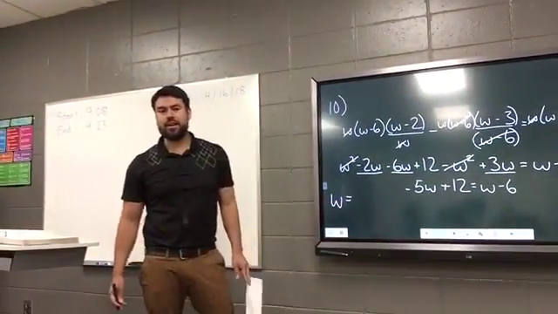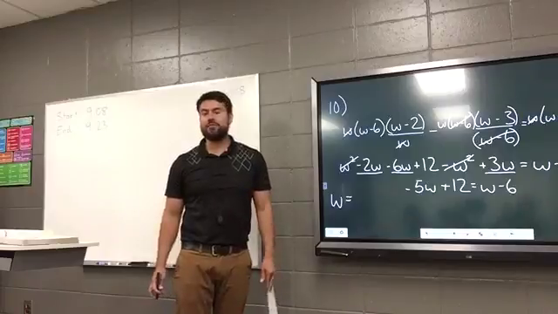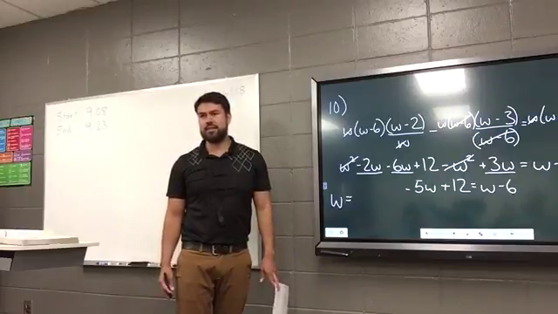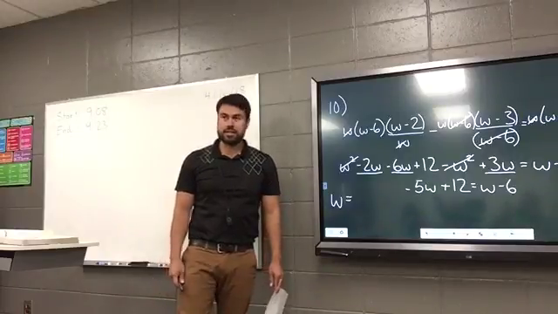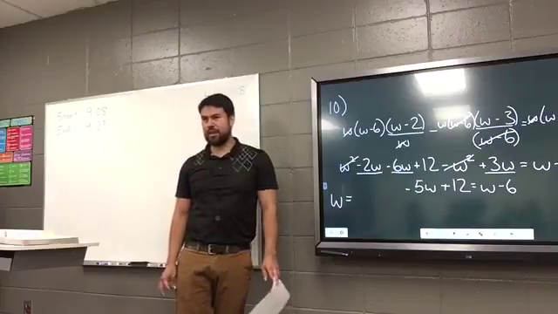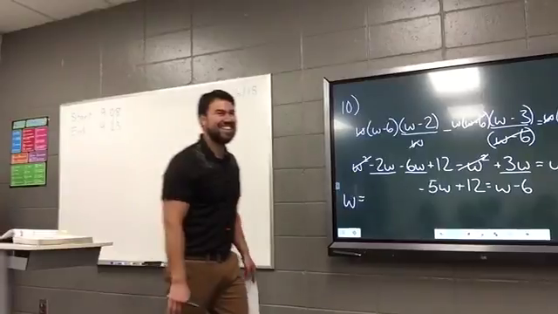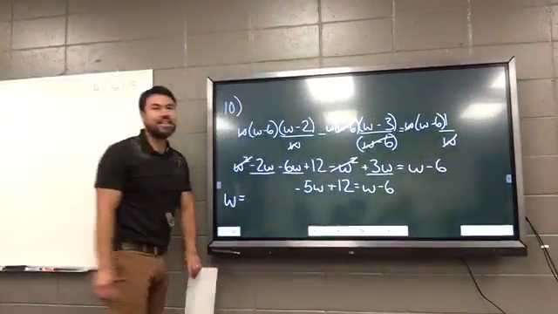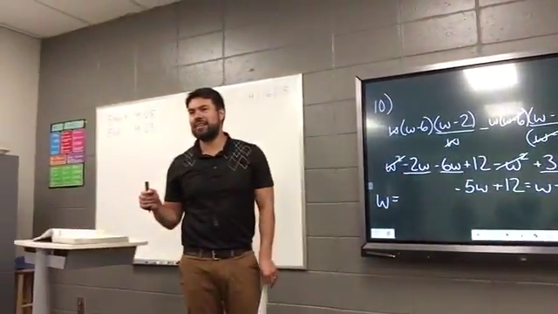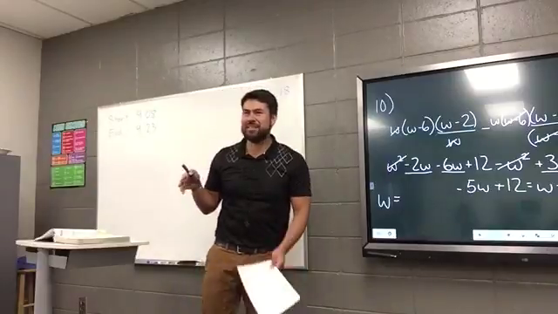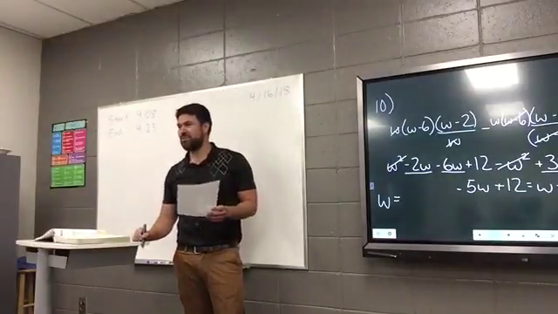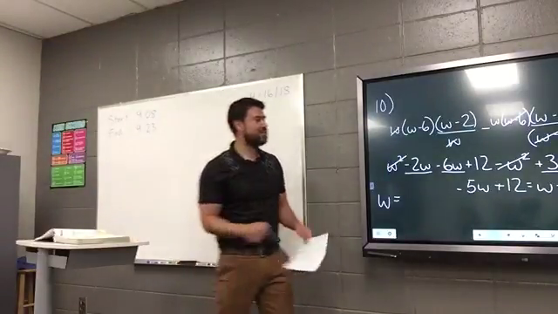Okay, hold that thought. How many of you are adding 5W to both sides? How many are subtracting W from both sides? How many of you are not doing anything? I got it. You got it? Okay, on the count of 3, give me the answer. 1, 2, 3. It's 3.